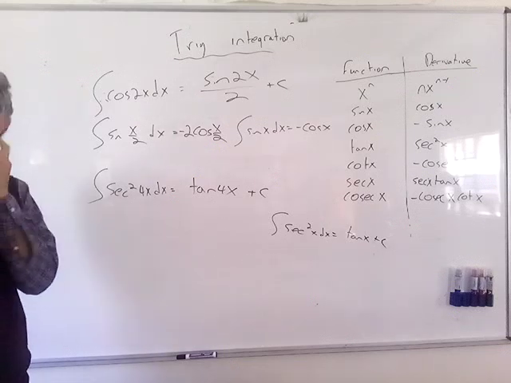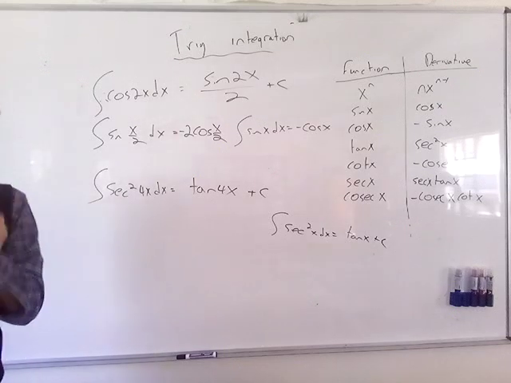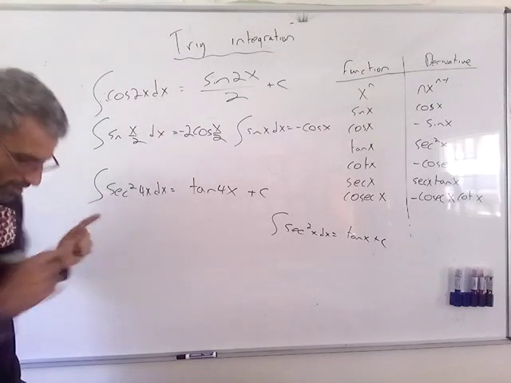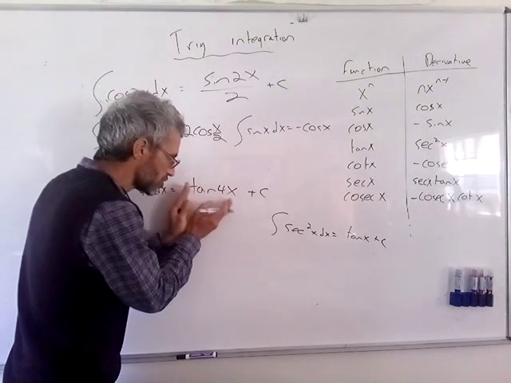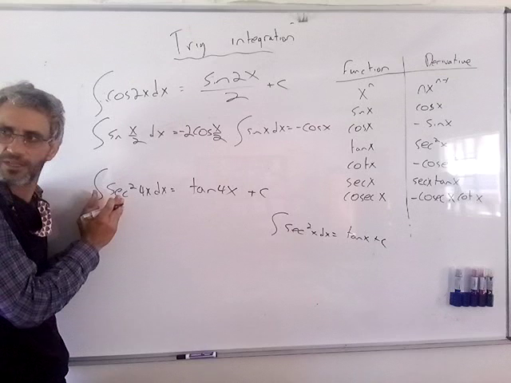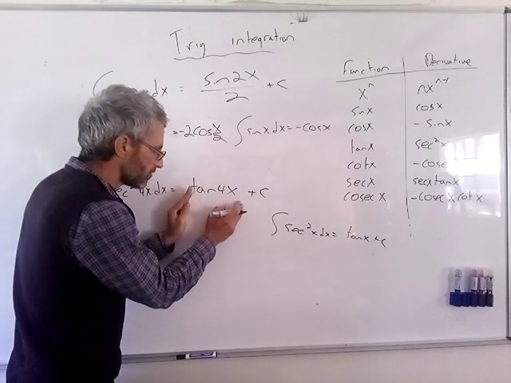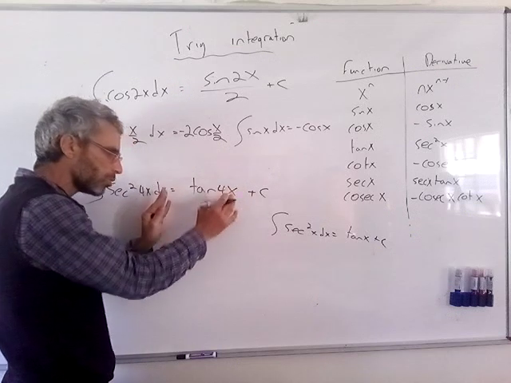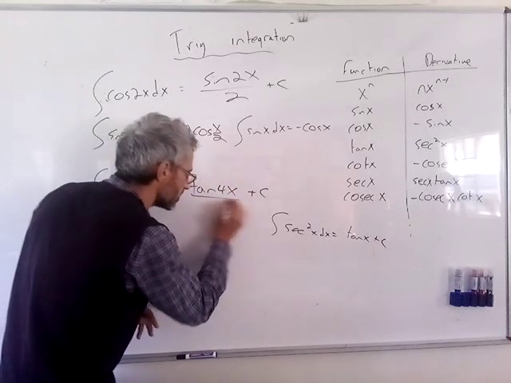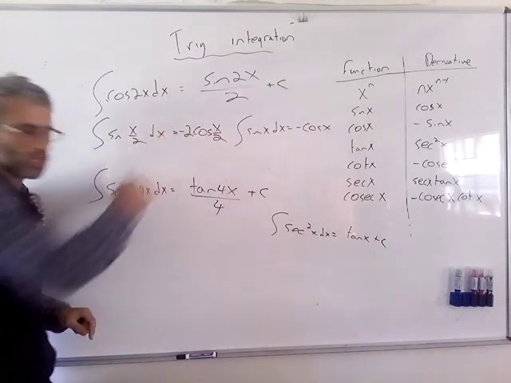You've got to ask yourself, if I differentiate that, I must get that, right? If I differentiate tan 4x, I will get sec squared 4x, but now I need to divide it by 4, because that 4 will jump out.